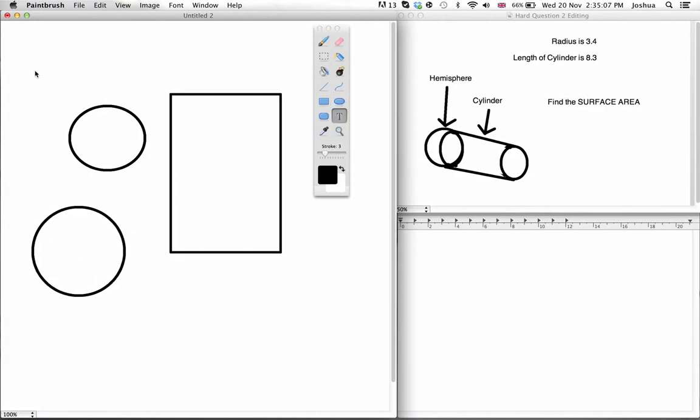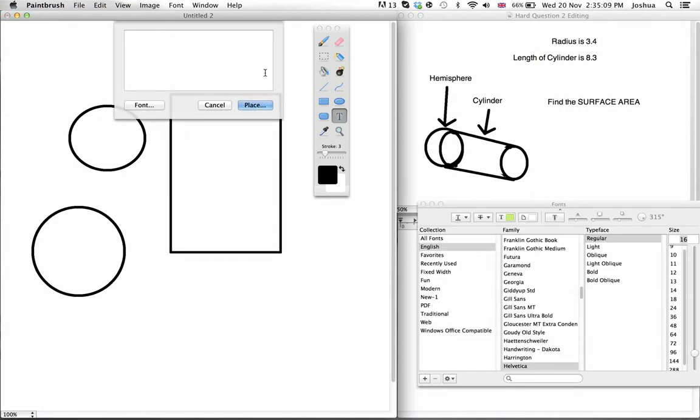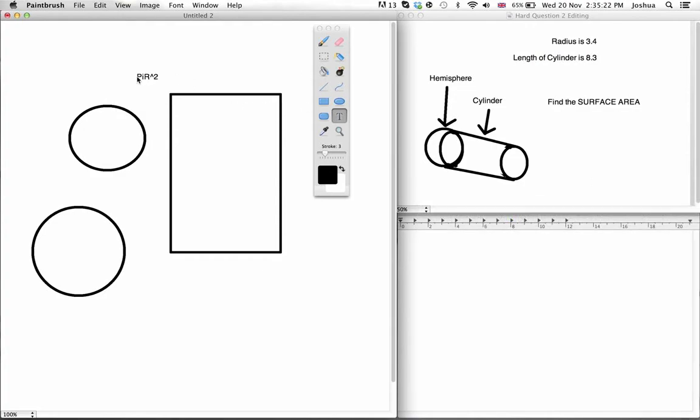Let's get our equations right. That face must be pi r squared. Guys, that's pi r squared.